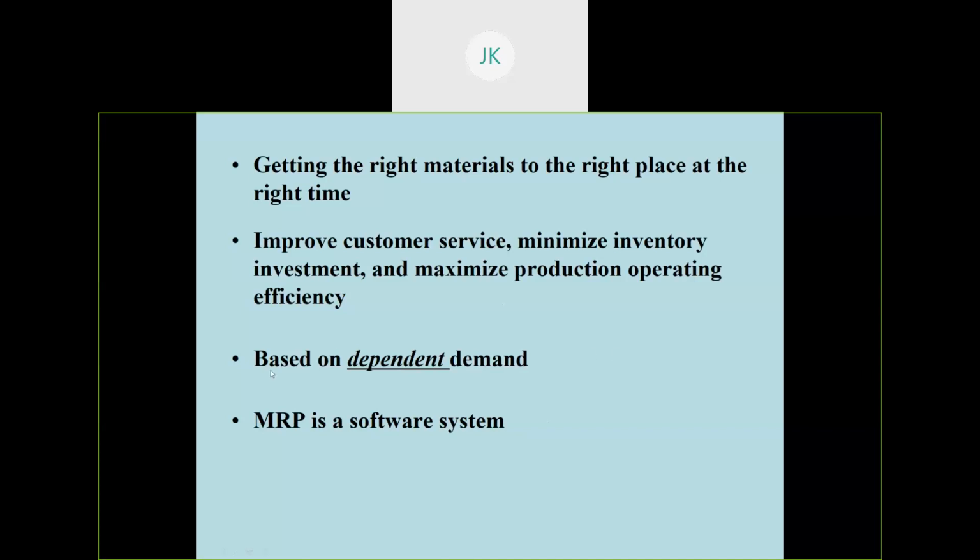The MRP system is based on dependent demand. Earlier we talked about demand, independent and dependent demand. Independent demand is usually the finished product. Finished product demand is independent demand, and part, component, and material demand are dependent demand.